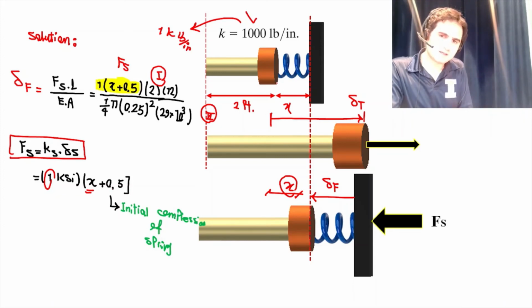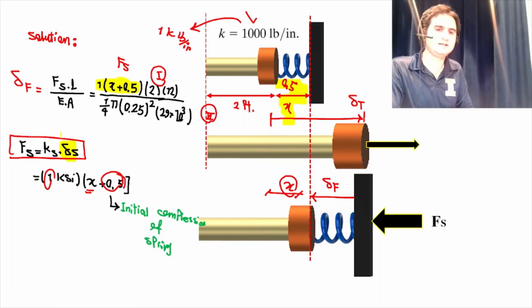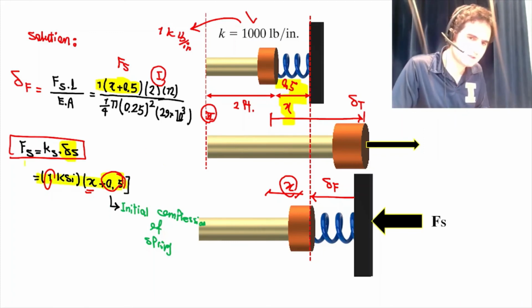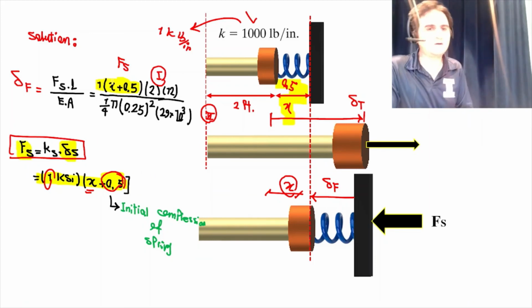You remember there was an initial compression inside the spring, and x is the distance of travel to the support. So delta s is x plus the initial compression, times Ks, that's our Fs. We replace that on top here: 1 ksi times x plus 0.5.